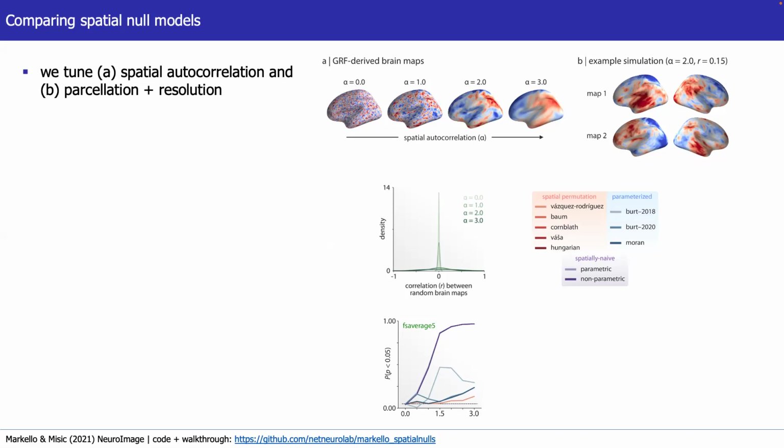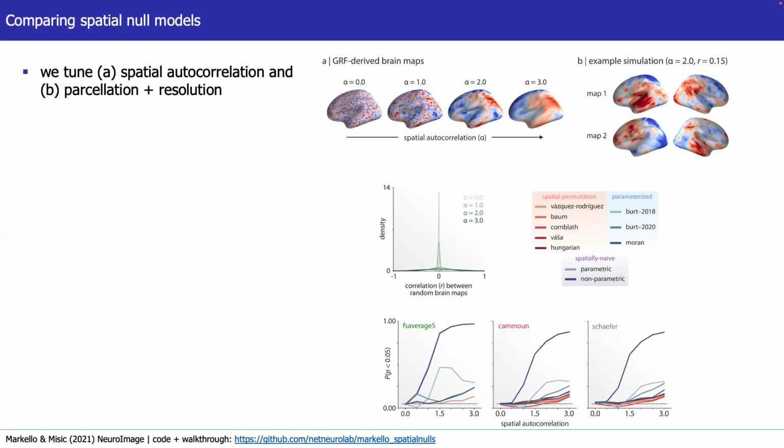With the other methods that are supposed to control for spatial autocorrelation, they do so relatively well for low and moderate spatial autocorrelation, but at high levels of spatial autocorrelation, they also suffer. This is true for the fsaverage surface. This is also true for the so-called Cammoun parcellation, which is a subdivision of the Desikan-Killiany, and for the Schaefer parcellation, which is a functional parcellation.